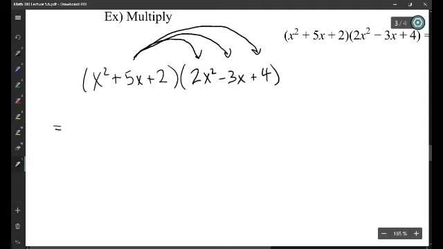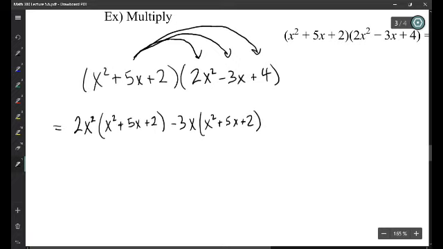So we get 2x squared times x squared plus 5x plus 2. And then minus 3x times x squared plus 5x plus 2. And then plus 4 times x squared plus 5x plus 2.